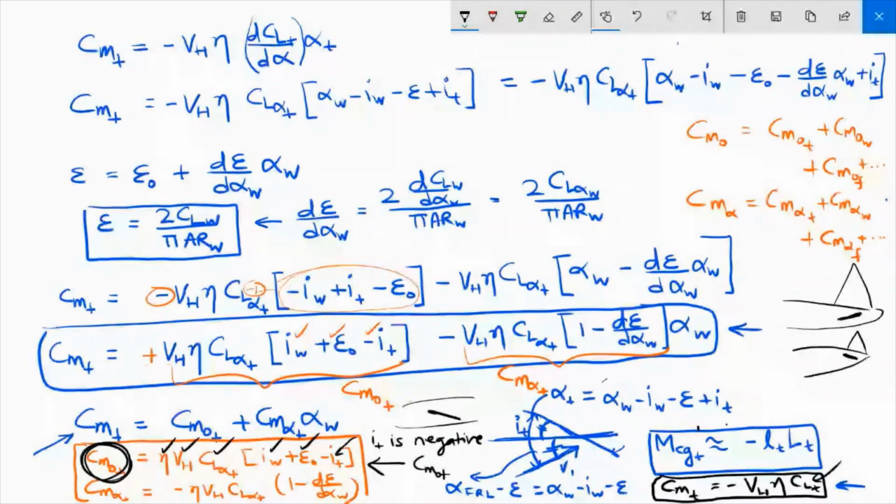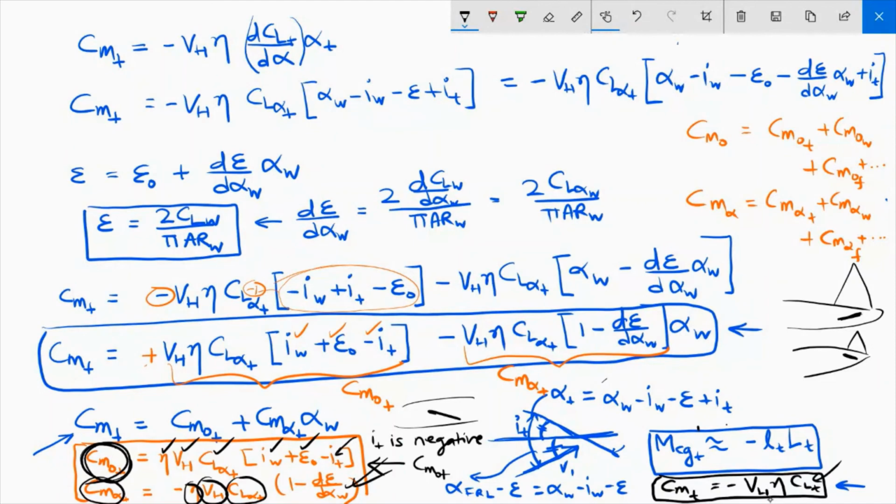The other thing is, in addition to making sure that this CM0 is positive, we also want to make CM alpha negative. Now that can be done by controlling several factors. You can control the value of VH, or you can control the value of this tail efficiency. This CL alpha is most likely going to be positive. And similarly, this one also will have a contribution which will favor making this CM alpha negative.